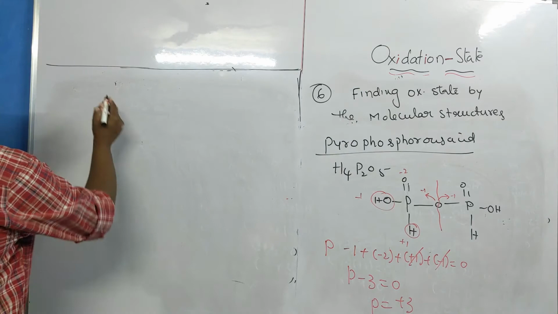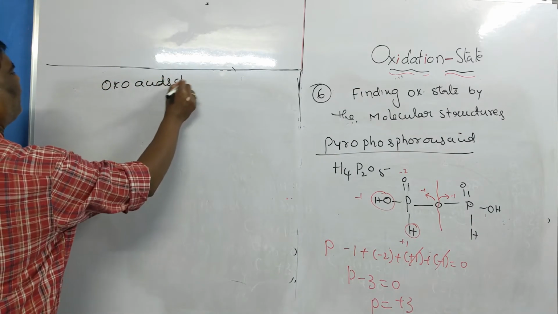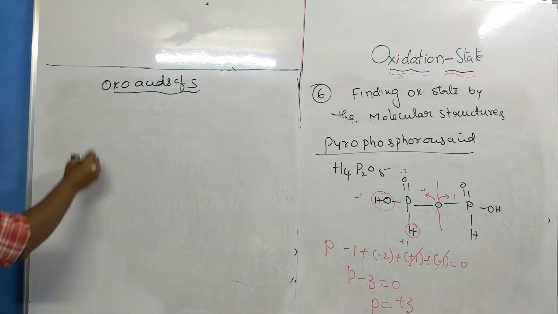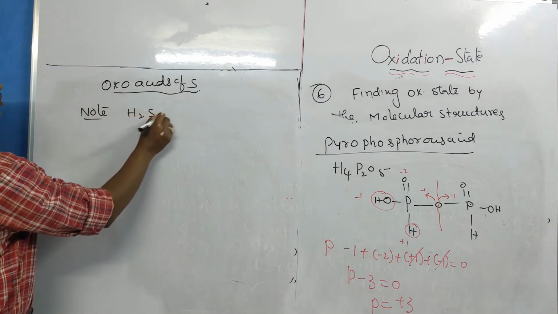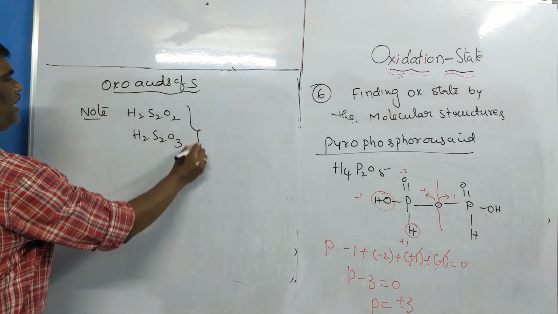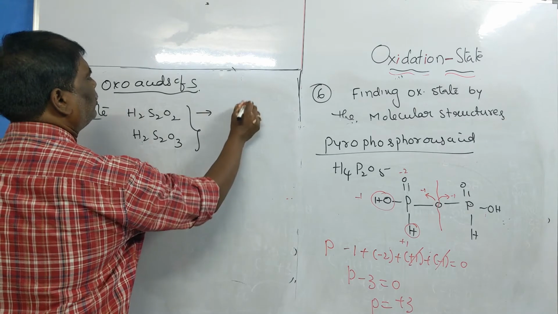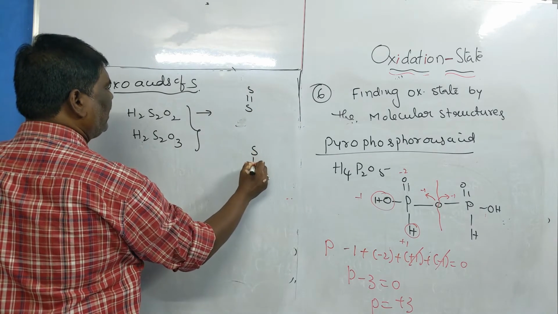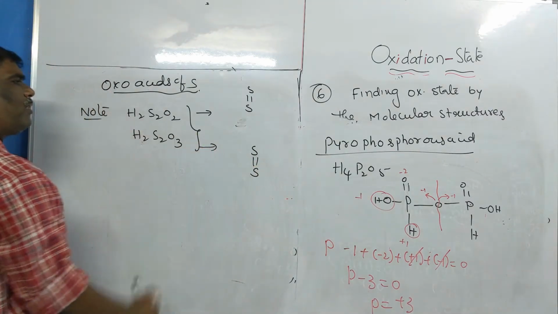There are so many oxo acids for sulfur, but you remember, note, in H2S2O2 and H2S2O3, there is S double bond S linkage. In these two molecules, there is S double bond S linkage.